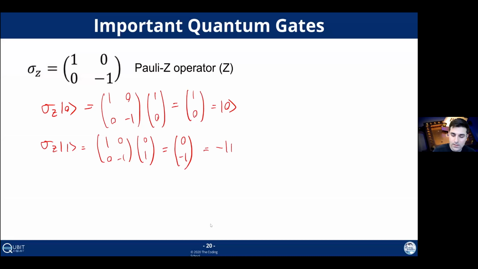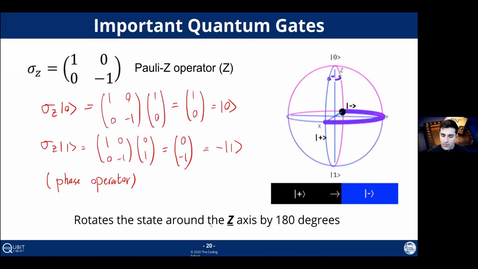And what this Pauli-Z operator really does, again, in the computational basis, is that it's a phase flip operator, or let's just call it a phase operator. Again, there are no classical analogies because in the classical world, there's 0 or 1, and phase doesn't mean anything. What it really is, is a rotation around the z-axis by 180 degrees.